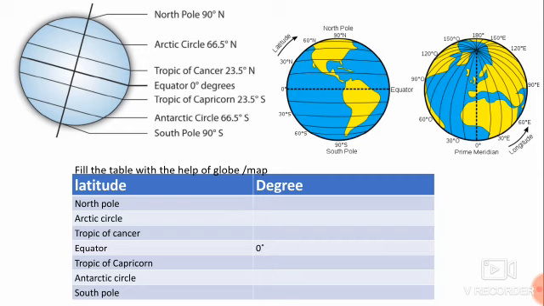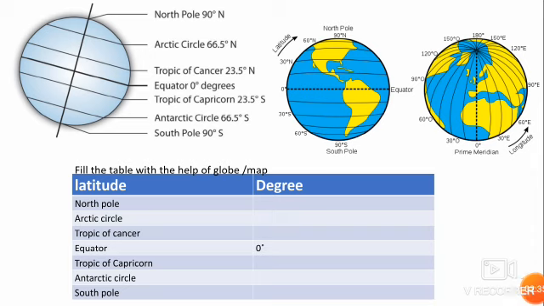On the other hand, the South Pole, the Antarctic Circle and the Tropic of Capricorn are the important latitudes in the southern hemisphere. The climatic division of the earth can be studied with the help of latitudes only.